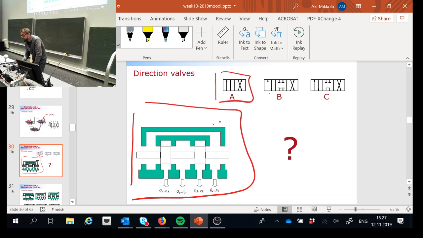Obviously it's connecting 4 ports, which are pressure, tank, A, and B. So is it going to be option A, or option B, or option C? And now we're going to vote. So think about it. The first thing you need to understand is what the operation conditions are. Is there something in the middle, or is it something that is always connecting something to some other places? So my question is, what do you think?